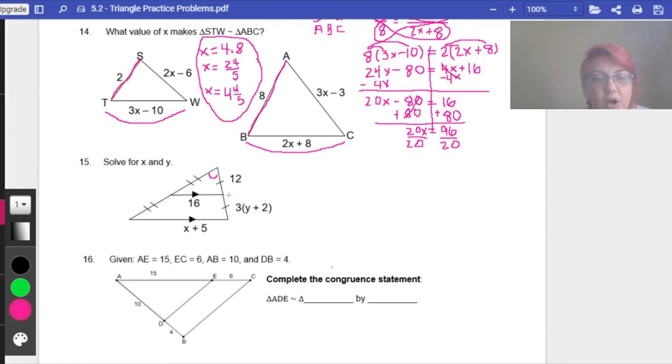I just come here and say, all right, well, those congruence marks mean that those are equal. So 3 times y plus 2 equals 12.